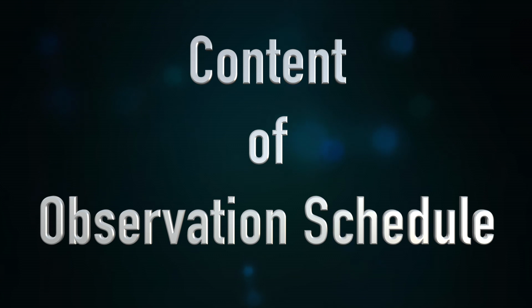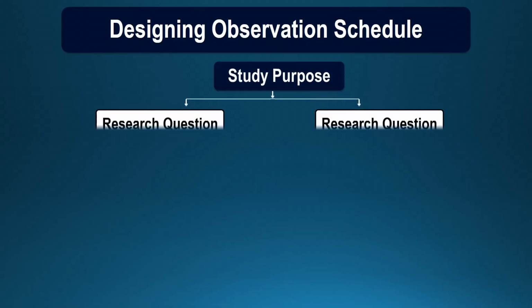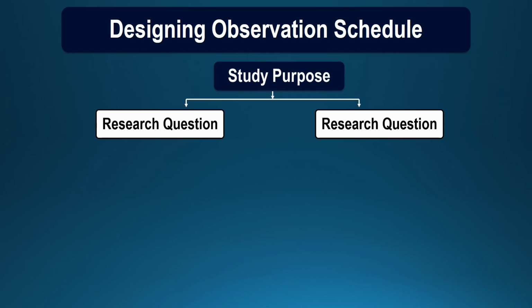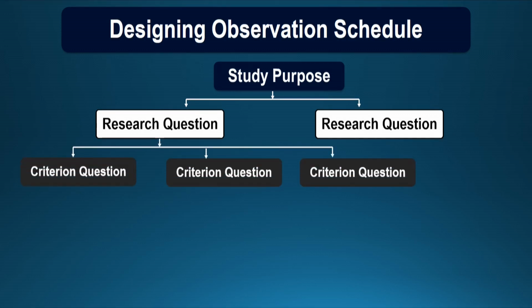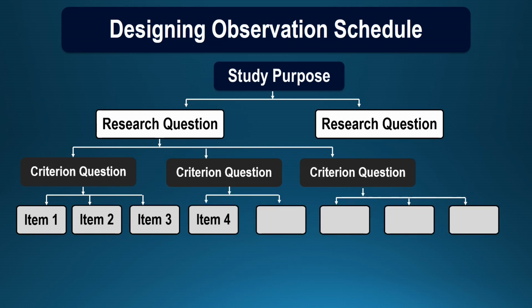And to arrive at the content of any observation schedule, the same process of stating the purpose of study, writing the research questions for the research study, breaking down the research question into criterion questions, and then for each criterion question, identifying the item or the question to be included in the observation schedule is decided.